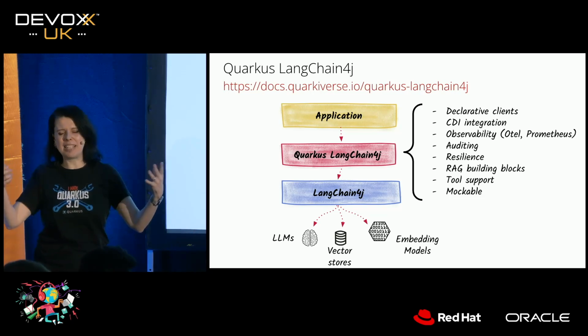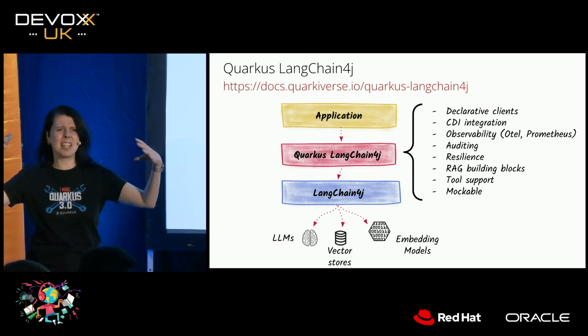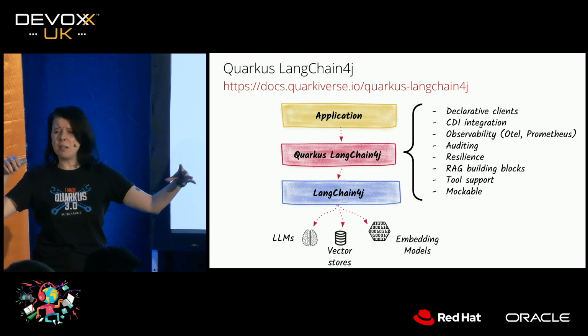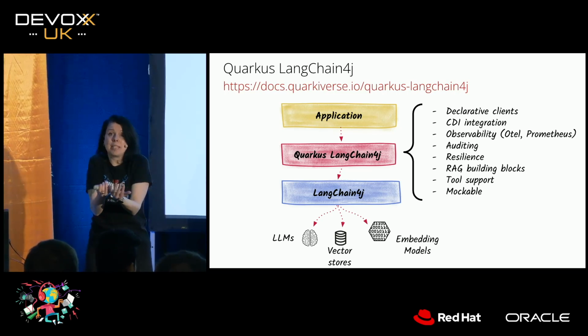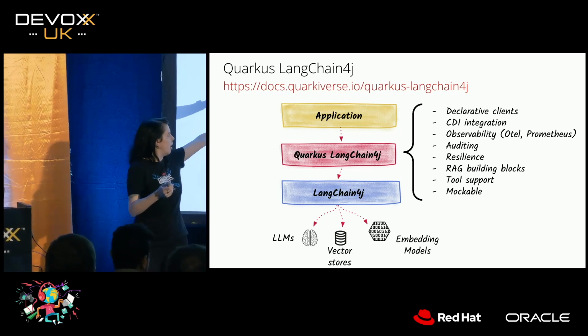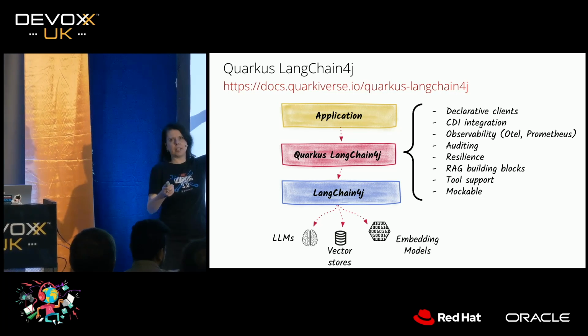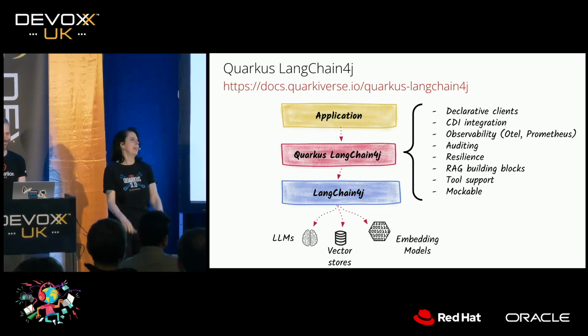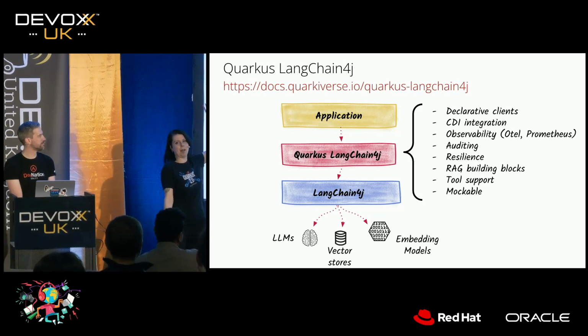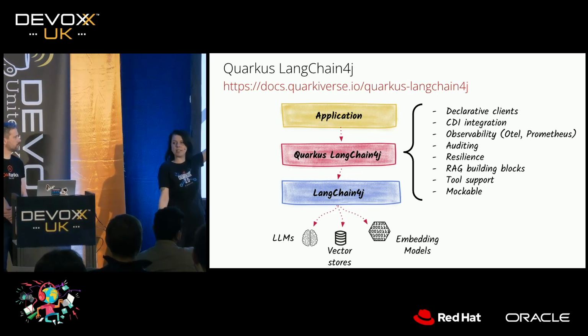I want my observability. All of those value adds that turn something from a prototype into something you could actually deploy and build a business on are made easier and nicer with that Quarkus LangChain4j integration. And so then your application, of course, will sit on the very top and take advantage of that layer.